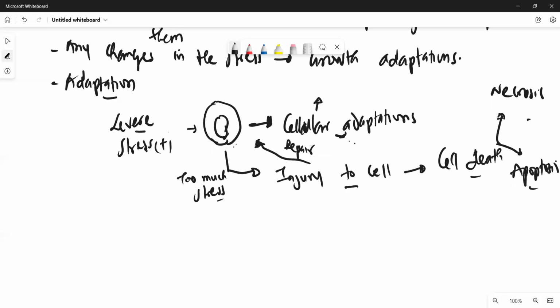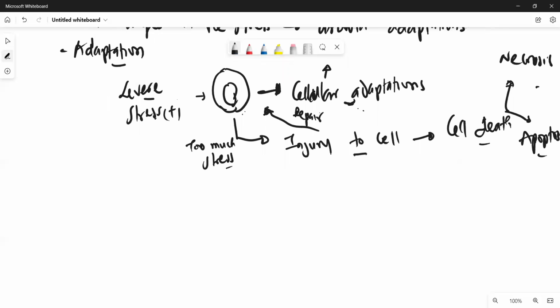And that cellular adaptation is usually reversible once you remove those unnecessary stresses. And if the stress is too much, that could lead to injury to those cells. And from the injury, they can recover by repair, so they go back to their usual state. And if the injury is too much, that could lead to cell death. So the cell can die either by necrosis or by apoptosis.